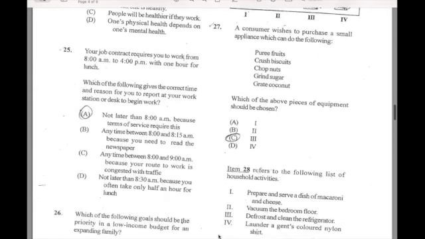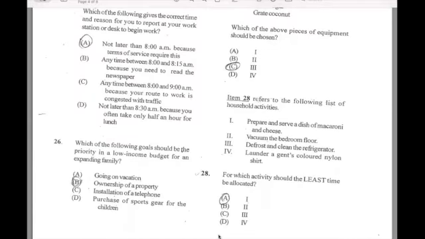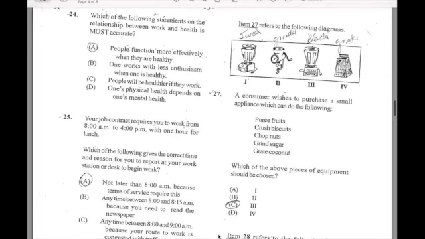Question number 26. Which of the following goals should be a priority in a low-income budget for an expanding family? And the answer should be B, ownership of a property. Question number 27. Item 27 refers to the following diagram. So we have a juicer, we have a grinder, a blender, and a grater.